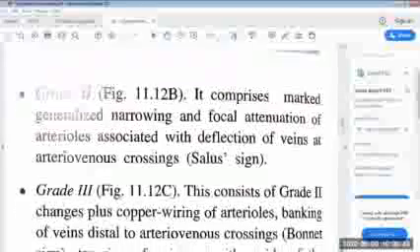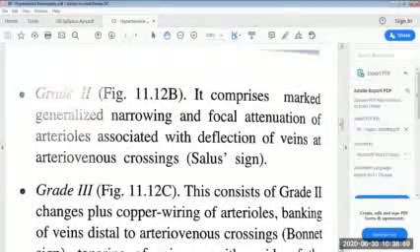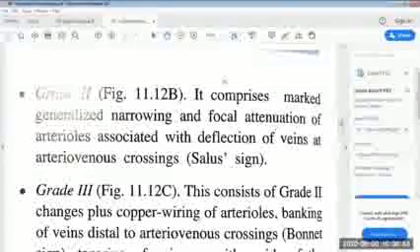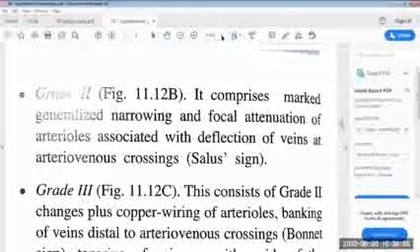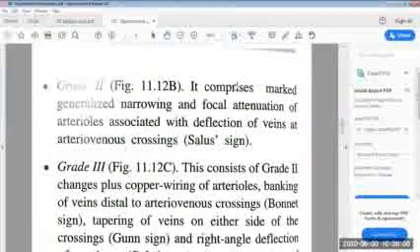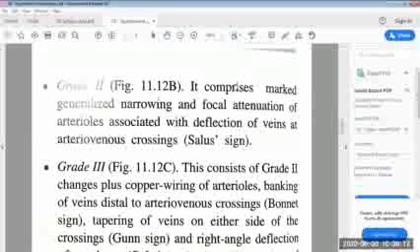Grade 2 comprises marked generalized narrowing and focal attenuation of arterioles associated with deflection of veins at arteriovenous crossings. It is called the Salus sign.